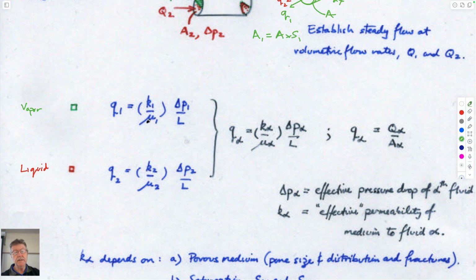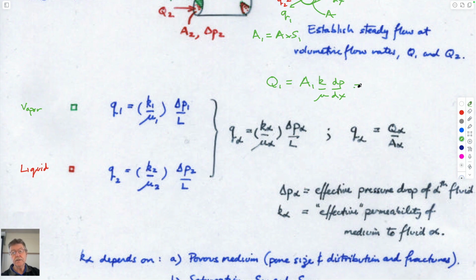And so if we do that, then we can replace these components in here to get the volumetric flow of fluid 1, which will be equal to the area of flow of fluid 1, the permeability, the viscosity, and the pressure gradient. But we know that we can define area 1 in terms of a total area multiplied by a saturation.